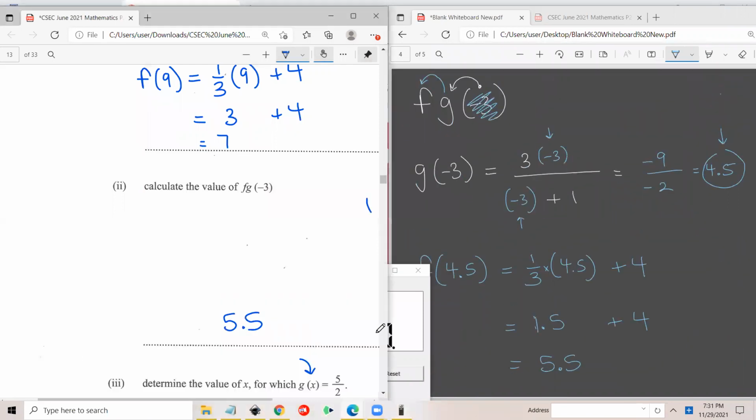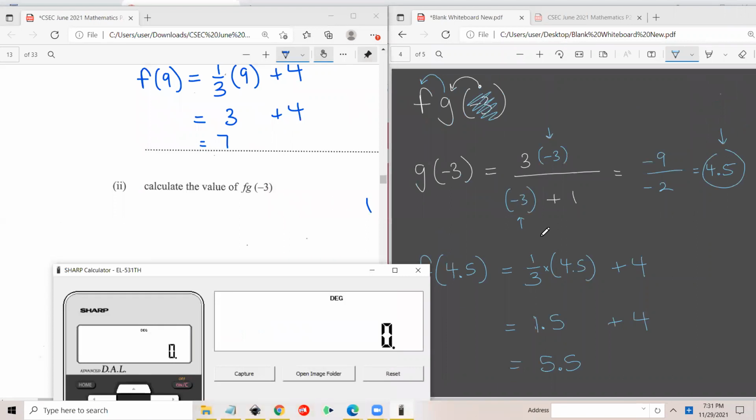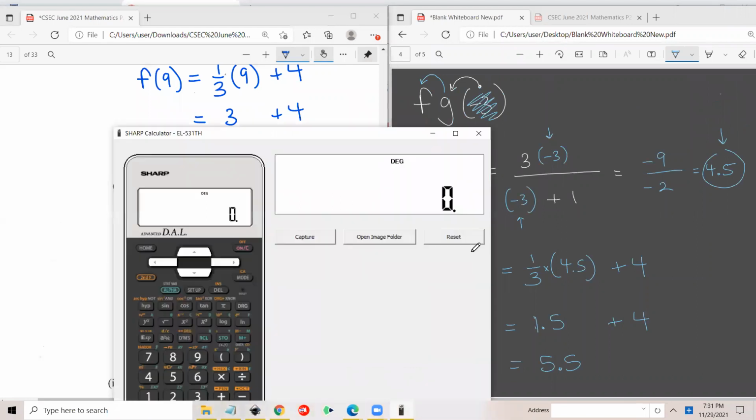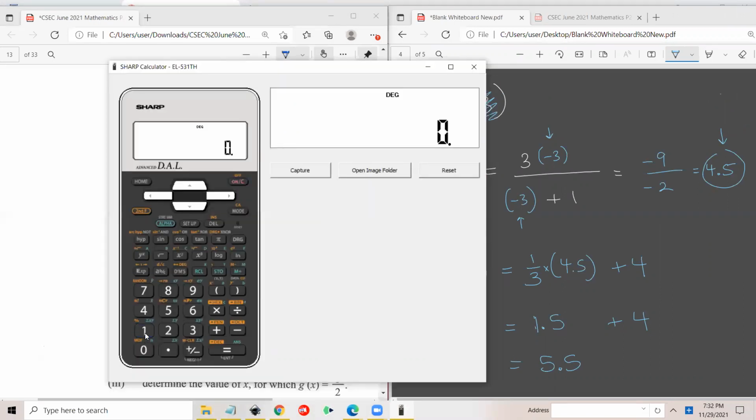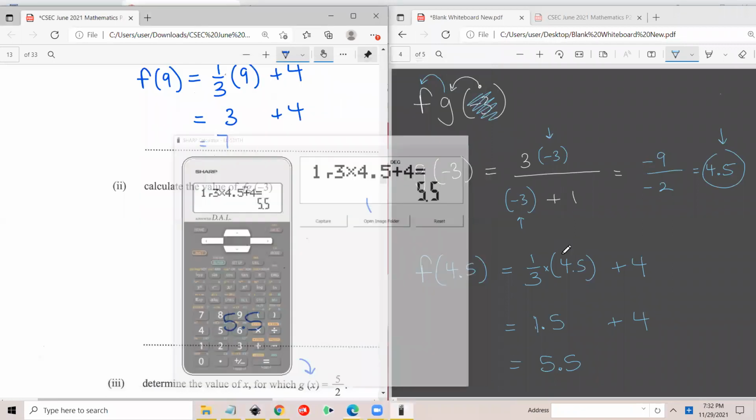Oh, someone said they were having problems with this calculation here. 1/3 multiplied by 4.5, I'm pretty sure we're getting 5.5. 1 ABC 3, 1/3 multiplied by 4.5 plus 4. Again, 5.5, right? So I'm real sure it's 5.5. So you're probably just typing in something wrong on your calculator.